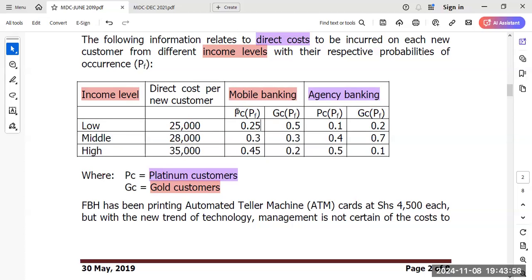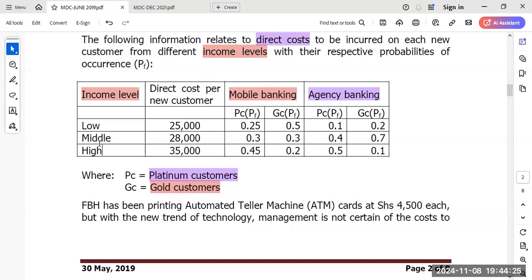That's why they gave you two columns. The first column shows the platinum customer. The second column shows the gold customer. Okay? Now, because we know that platinum customers and gold customers have different income levels, that's why in the first column you have low, middle, and high.